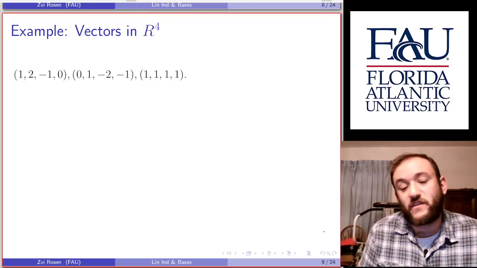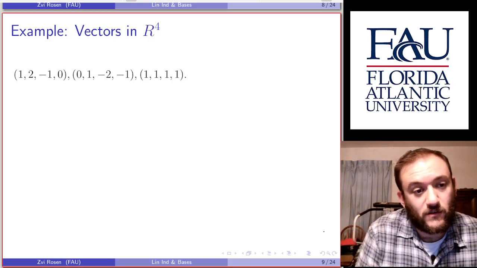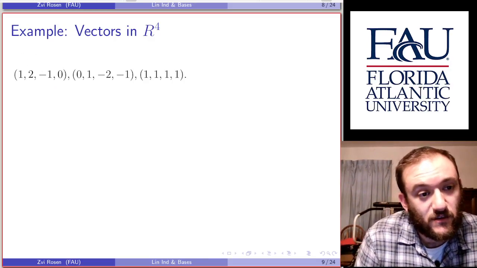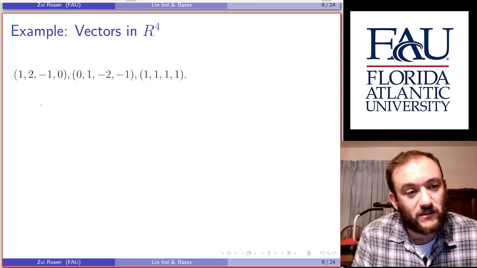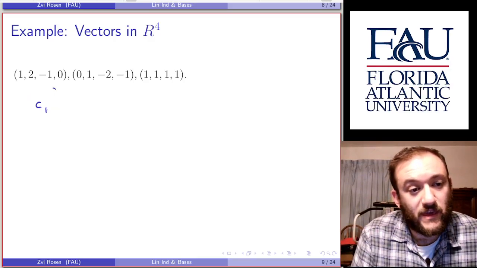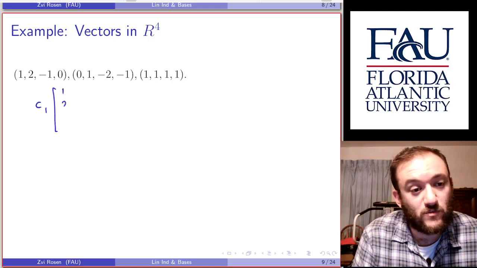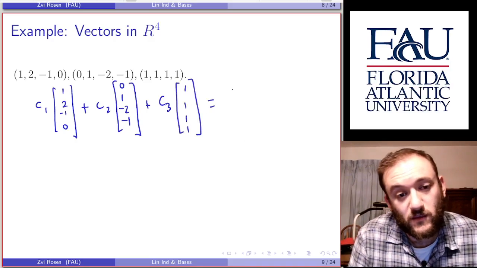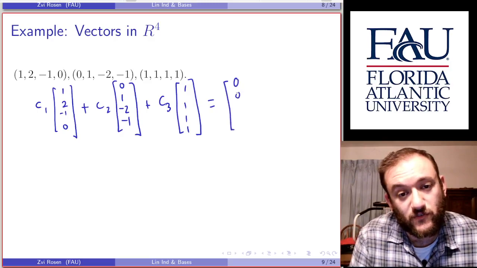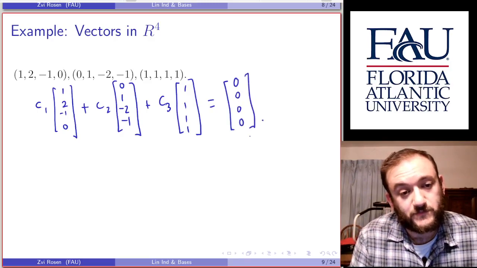Now let's look at some vectors in R4. Here we have 3 vectors, each with 4 coordinates, and we're curious, is this dependent or independent? So we're going to set up this equation as before, c1 (1, 2, -1, 0) plus c2 (0, 1, -2, -1) plus c3 times the third vector is equal to the 0 vector.